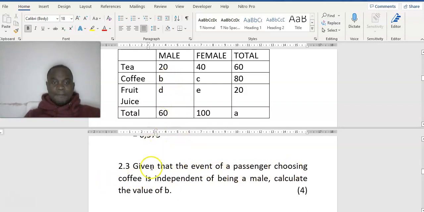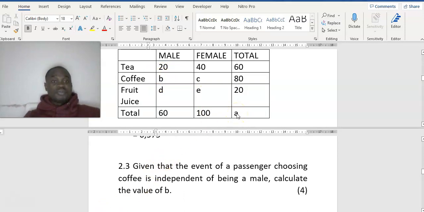This is coffee, is independent of being male.